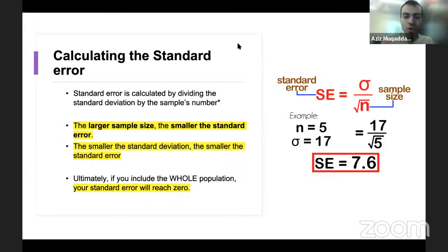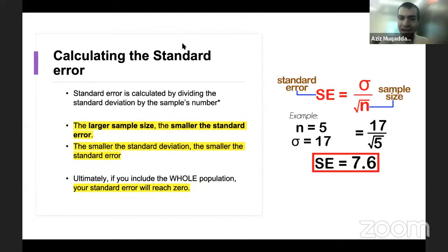And you would ask the question, how do I know what the population mean score is? We just said 3 weeks ago that the whole point of doing a sample is because we cannot realistically survey the whole population.